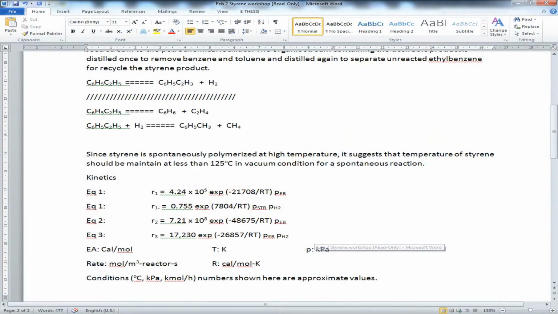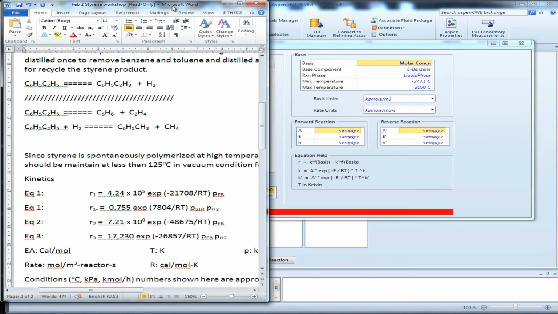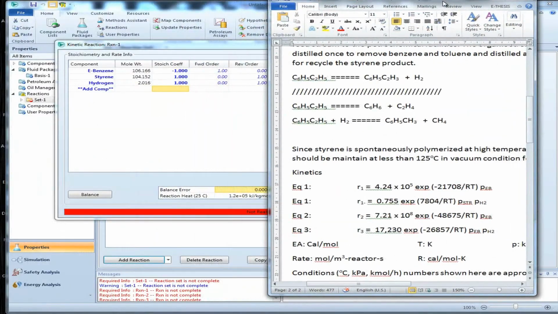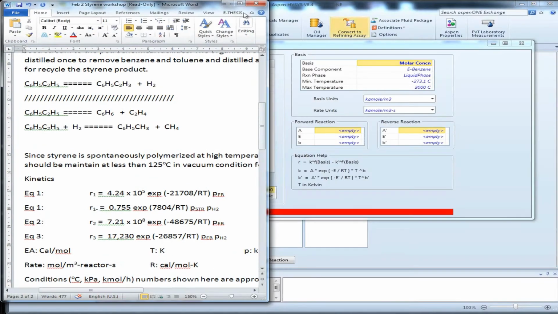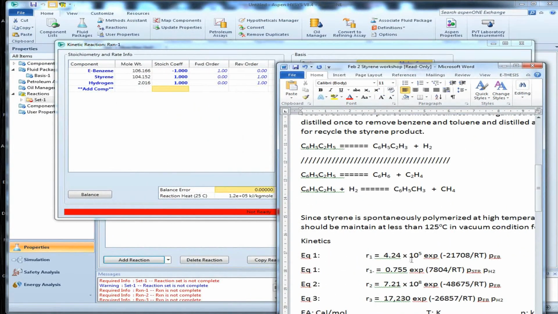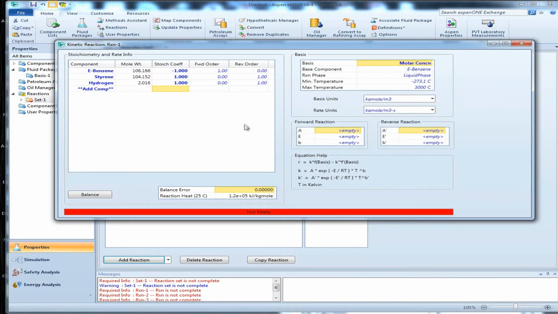Okay, then we go to the order for the forward, which is 1 with respect to ethylbenzene, and backward is 1 with respect to styrene and hydrogen, which is okay.